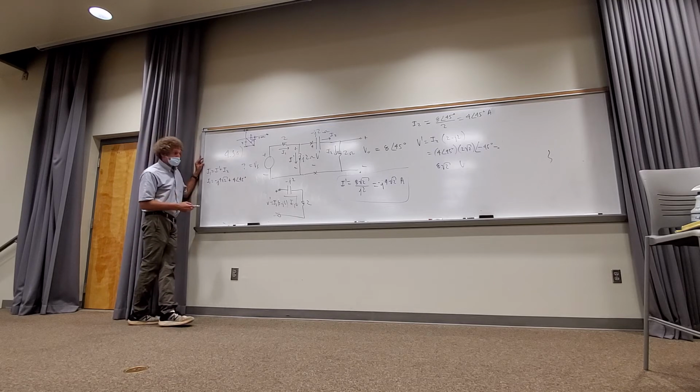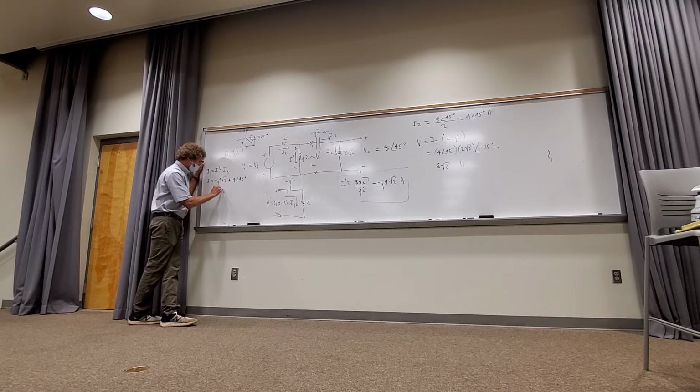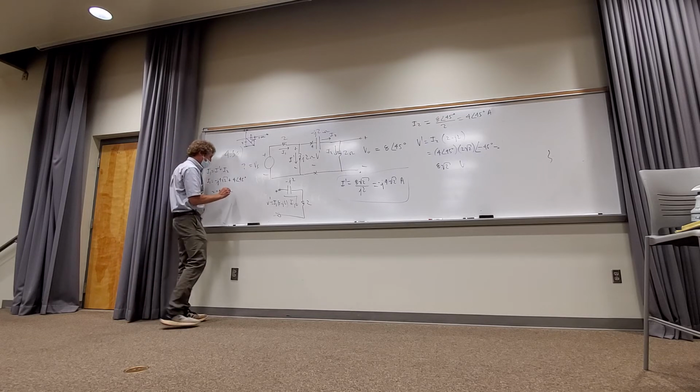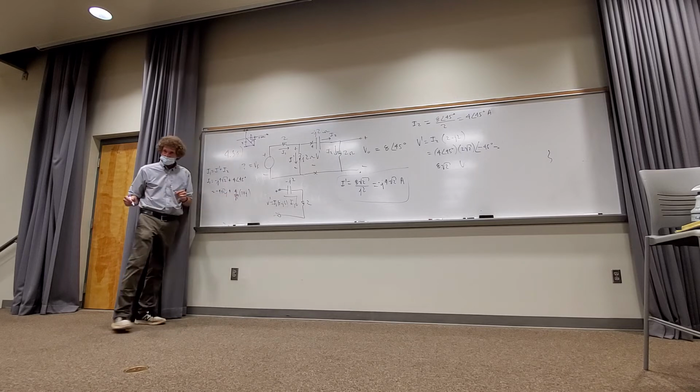I'll just tell you what happens. This right here, you can leave as just minus 4 square root of 2 j. This, for an angle of 45 degrees, can be given as 4 divided by square root of 2 times (1 plus j). I promise you.